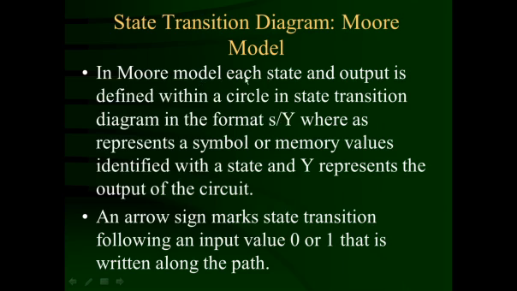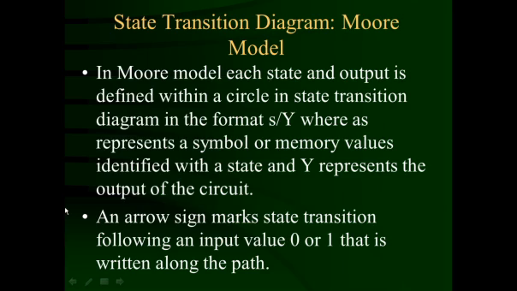So in the Moore model, each state and output is defined within a circle in a state transition diagram in the format S/Y, where S represents a symbol or memory value identified with a state and Y represents the output of the circuit. An arrow marks a state transition following the input value of 0 or 1 that is written along the path.